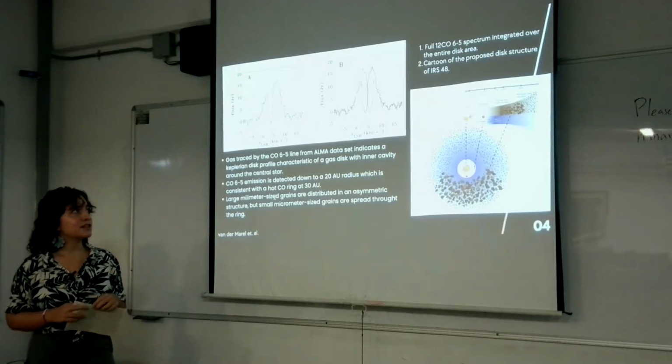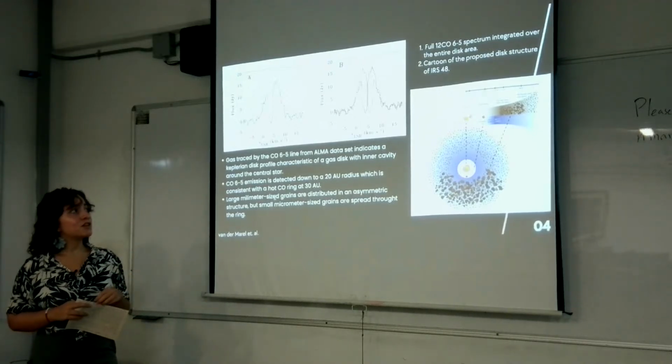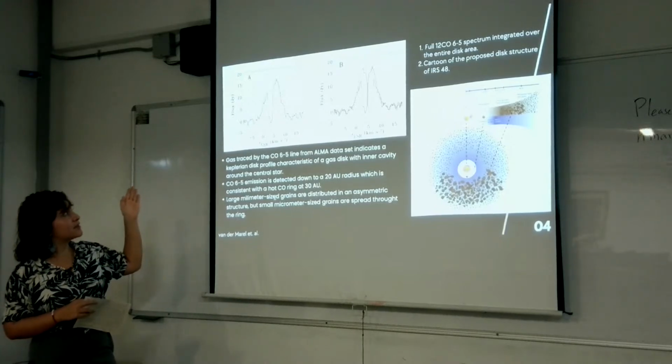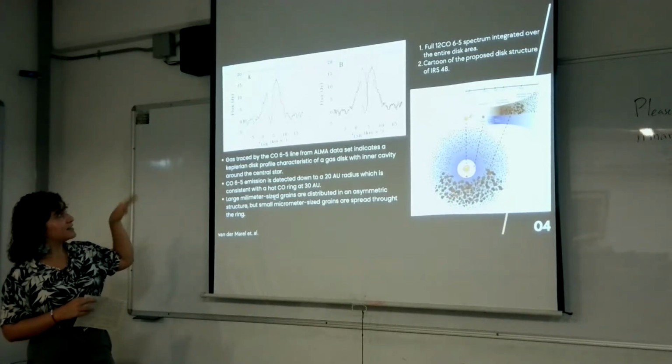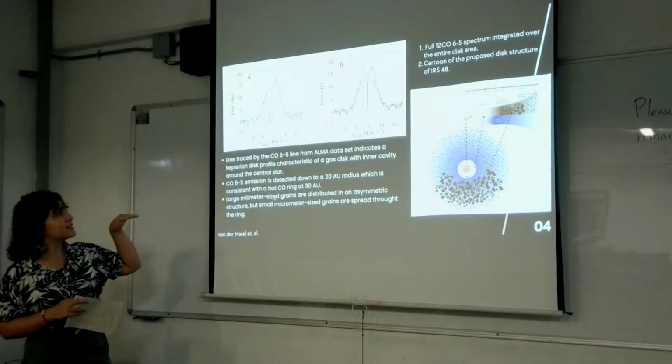it was also studied the CO 6-5 spectrum and how was the emission of CO in that region, and they found that there was a Keplerian disk profile.